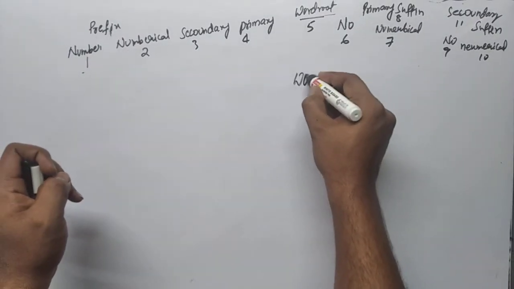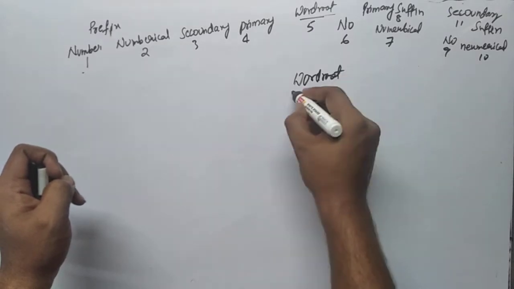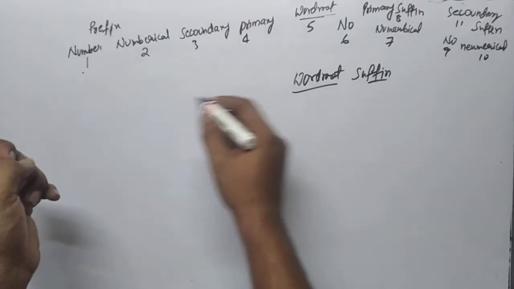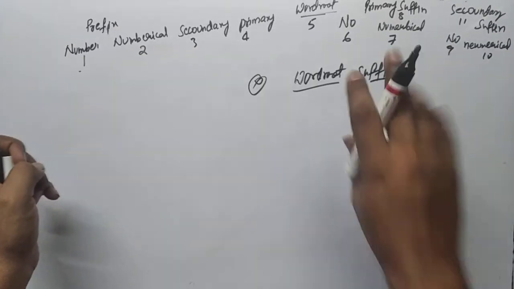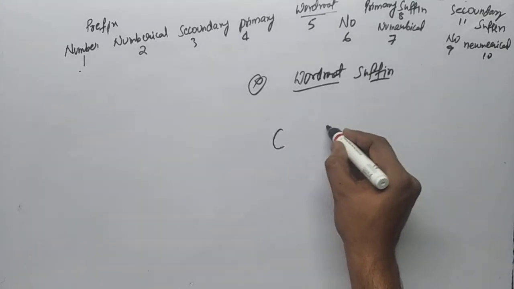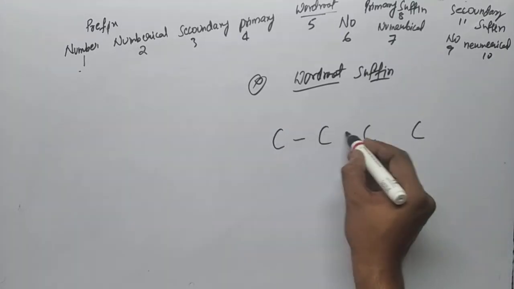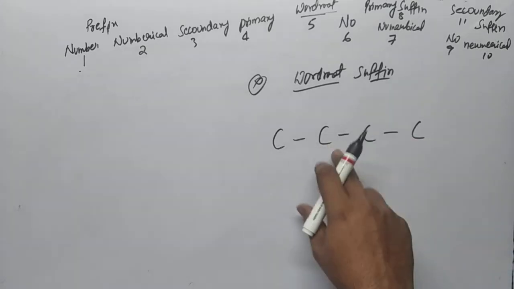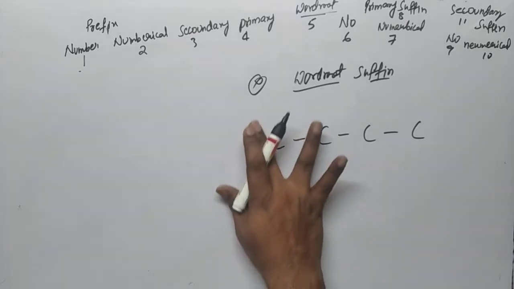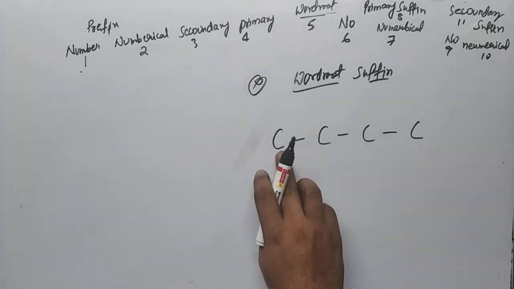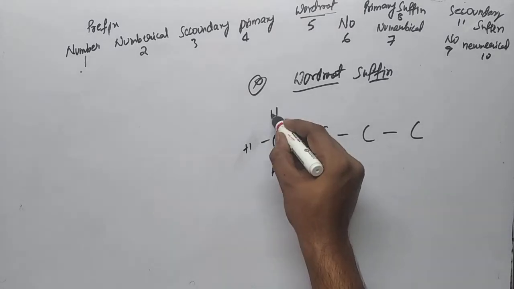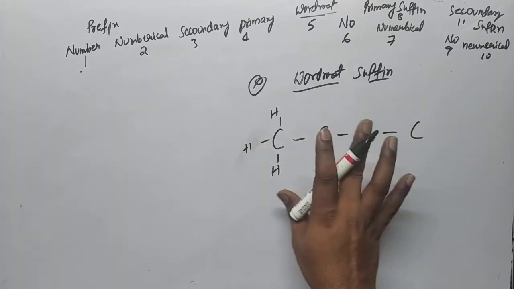Every carbon compound will consist of a word root and a suffix. Maybe the prefix will be absent, but word root and suffix will definitely be there. Suppose I have 4 carbons, 1 2 3 4, in a chain with single bonds, and the remaining bonds will be substituted with hydrogen. You just remember carbon and hydrogens are brothers.